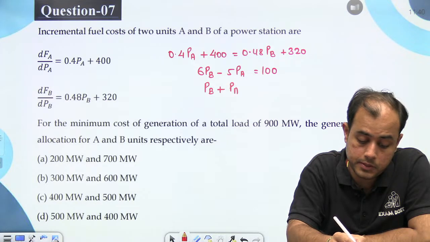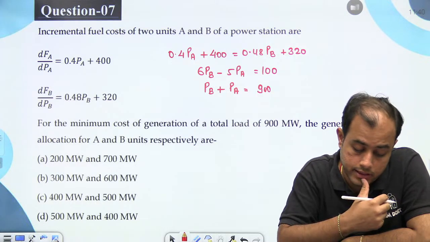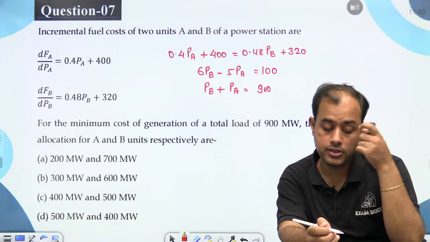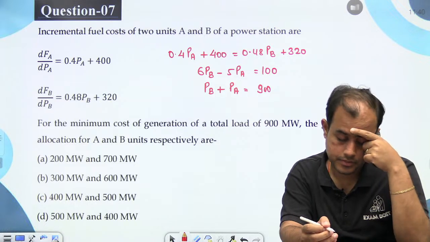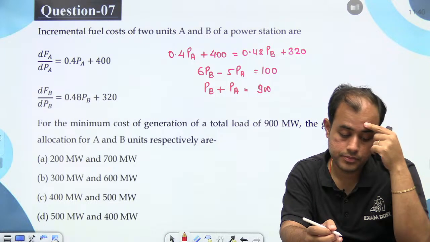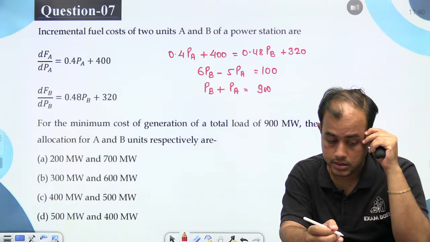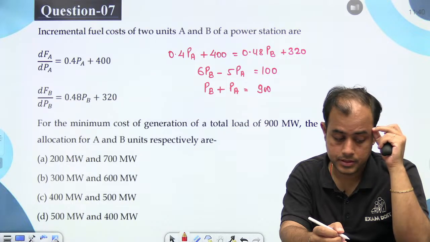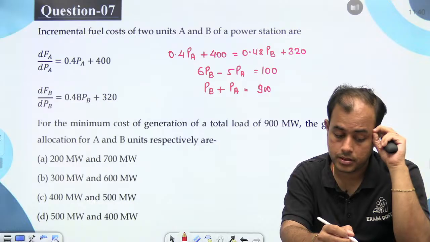Now PB plus PA is 900. 4500, 4500 5 से मल्टीप्लाई कर लो, 11 PB, 500, ऐड करोगे ना, 0.8.